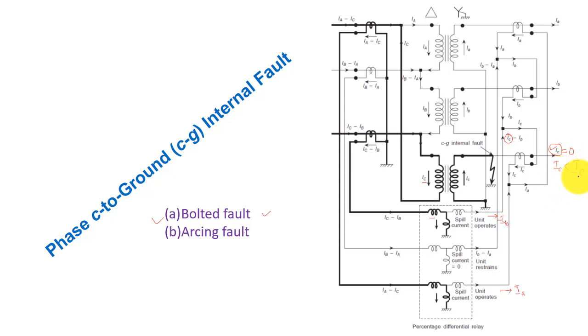So the spill current here will be capital IC minus small ic, and similarly in the third line it will be minus of capital IC minus small ic. So this will also respond to the arcing fault. That means for an internal fault, whether it is a bolted fault or an arcing fault, it does not matter. This will respond very nicely to the internal fault, and it will not respond to the external fault.